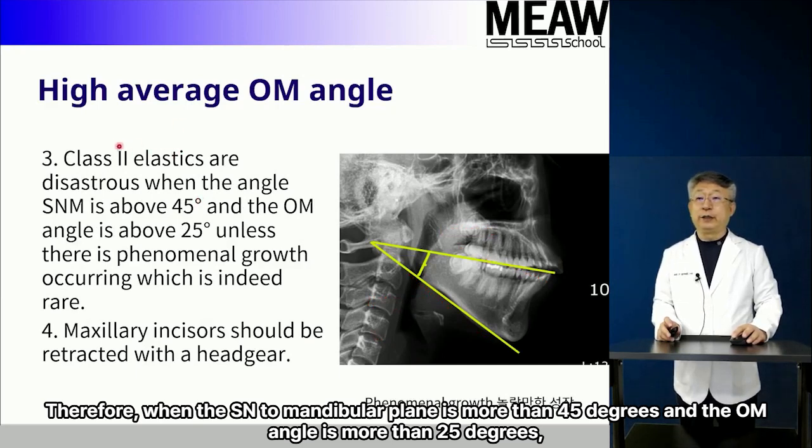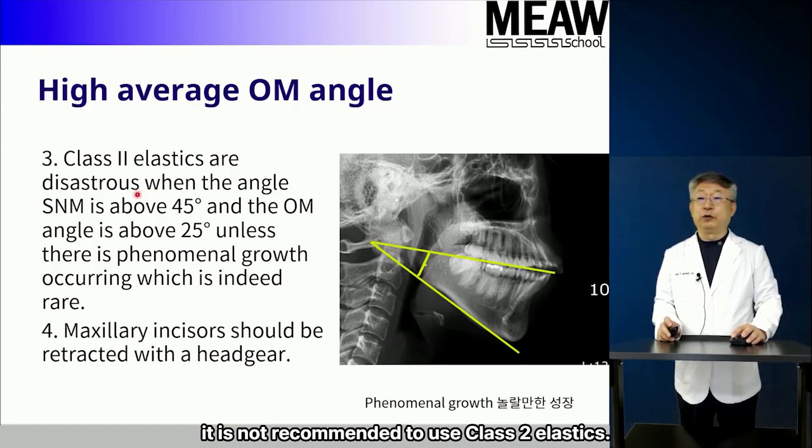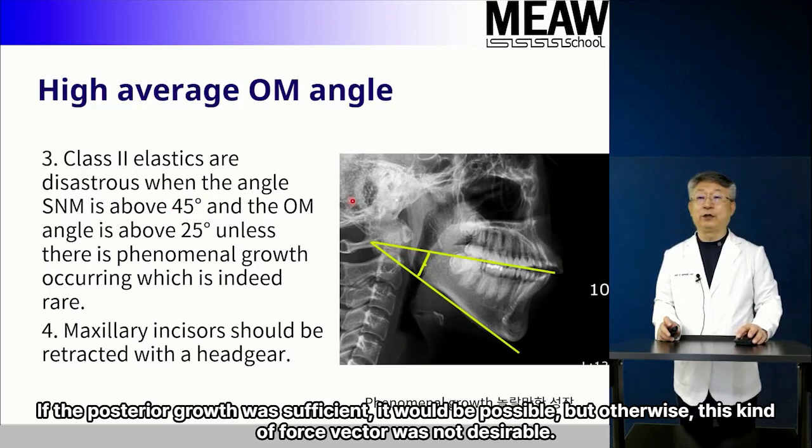Therefore, when the SN to mandibular plane is more than 45 degrees and the OM angle is more than 25 degrees, it is not recommended to use class 2 elastics. If the posterior growth was sufficient, it would be possible, but otherwise, this kind of force vector was not desirable.